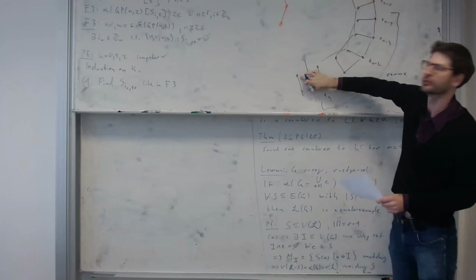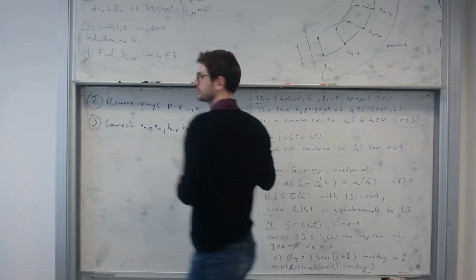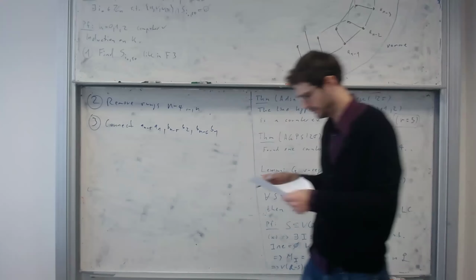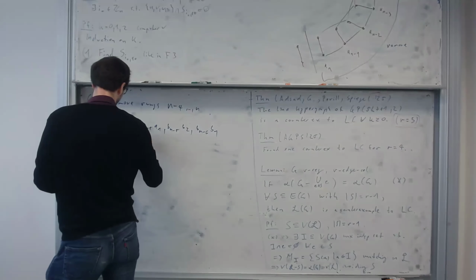And then we have cut it out and we have a smaller generalized Petersen graph. So this is removing the rungs and then connecting a_{n-5} to a_1, b_{n-5} to b_2, and b_{n-6} to b_1. And now we just have a smaller generalized Petersen graph, so we get our G prime, which is GP.